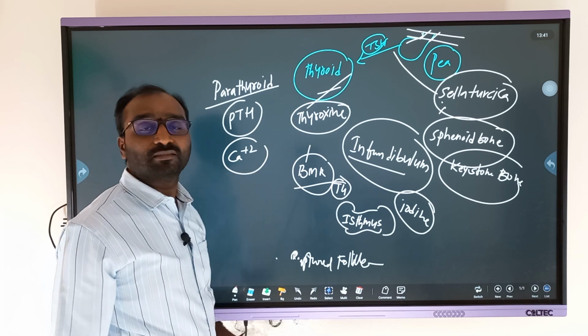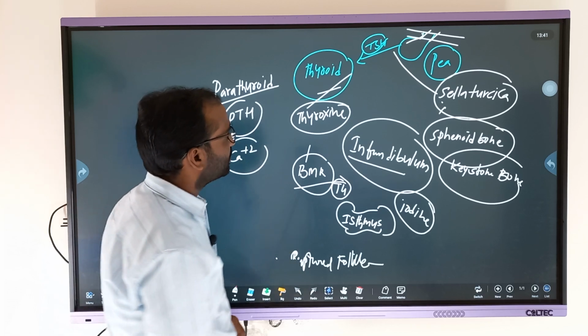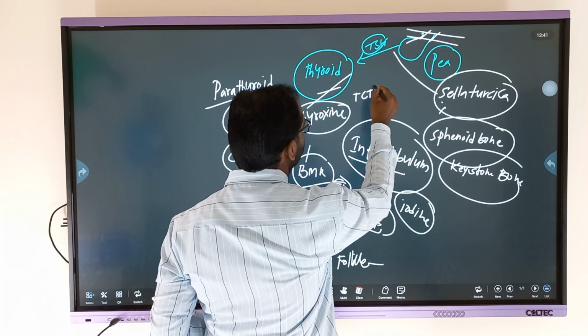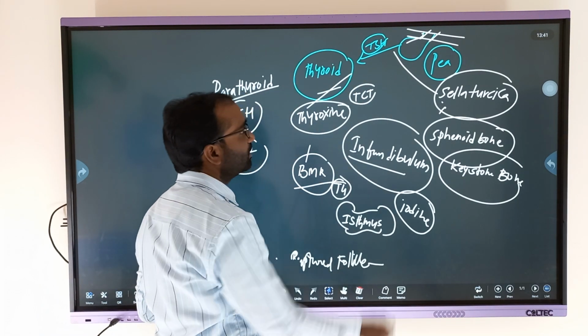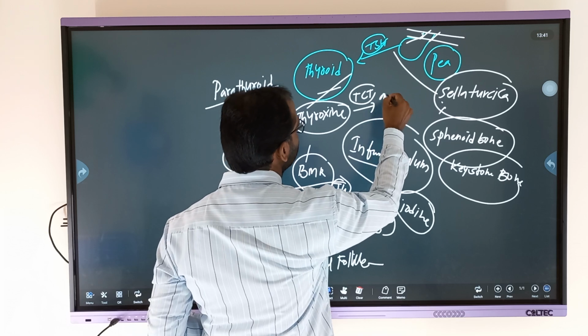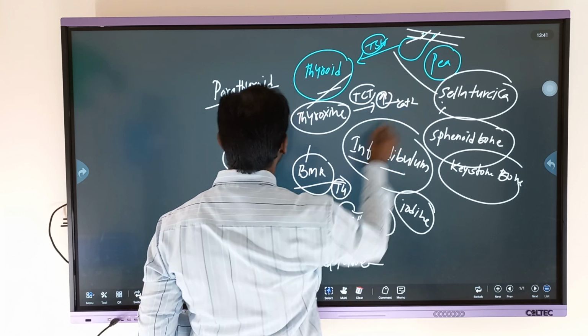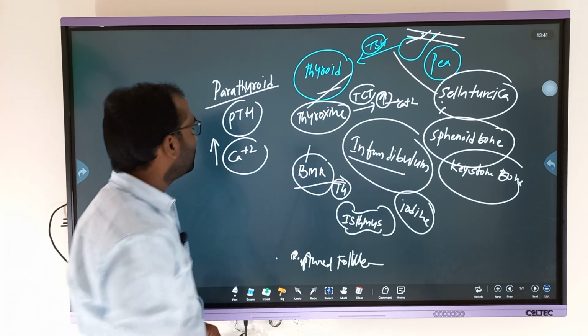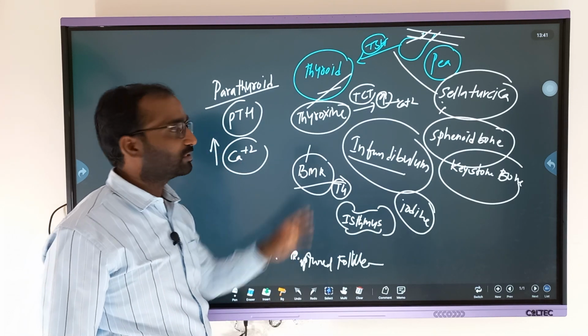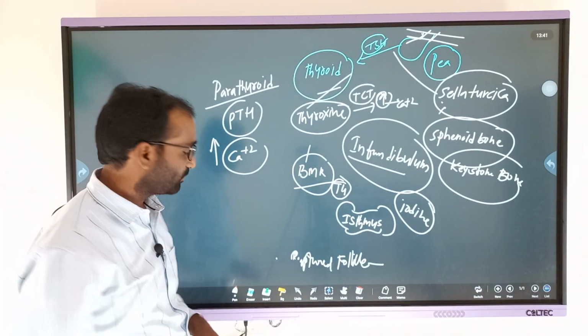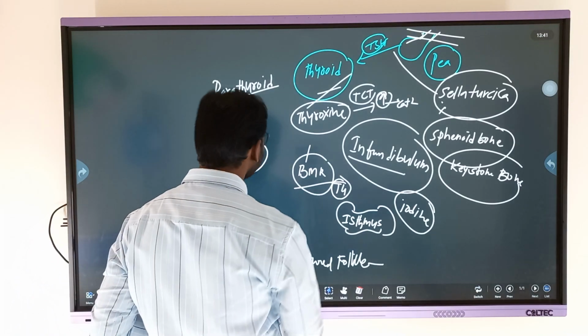Along with T3 and T4, there is one more hormone, TCT, thyrocalcitonin. TCT decreases the blood calcium level, and PTH increases the blood calcium level. The two are antagonistic. Okay now. Right?